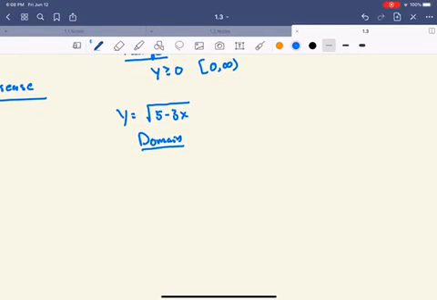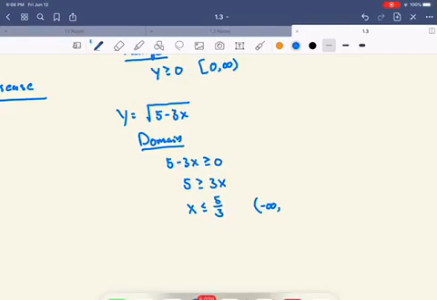Okay, our domain, well, we need 5 minus 3x to be greater than or equal to 0. 5 to be greater than or equal to 3x. So x is less than or equal to 5/3. So our domain is actually negative infinity to 5/3.